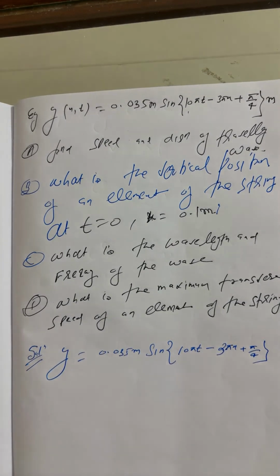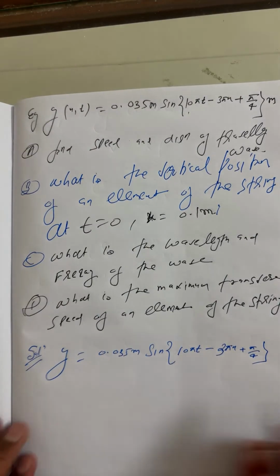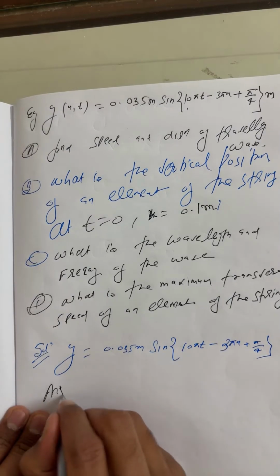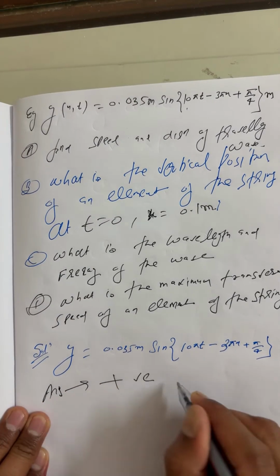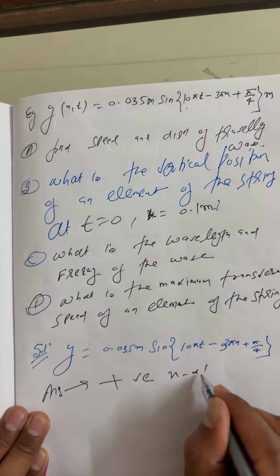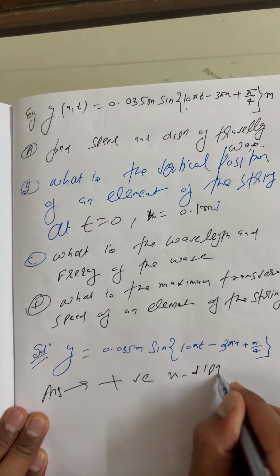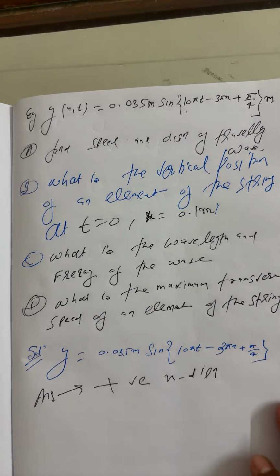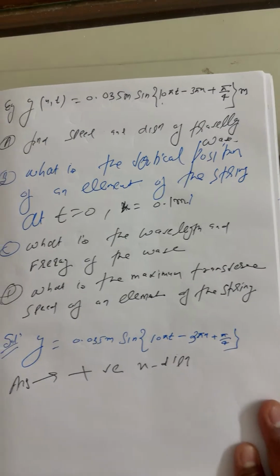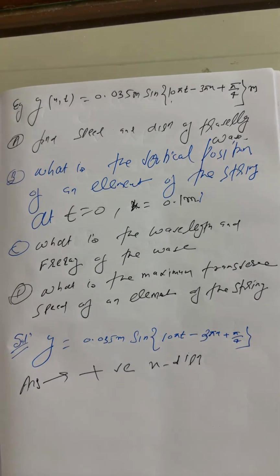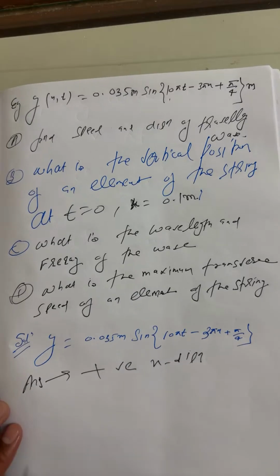Now t and x both have different signs, so what is the motion of the particle? Positive x-axis. So you need to write the answer: motion of particle is in the positive x direction.